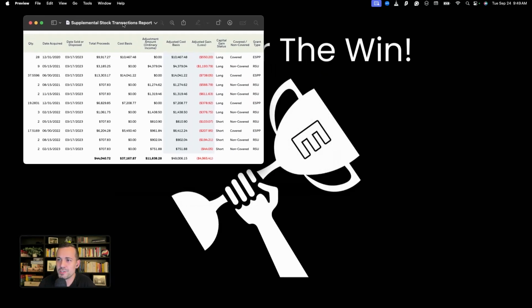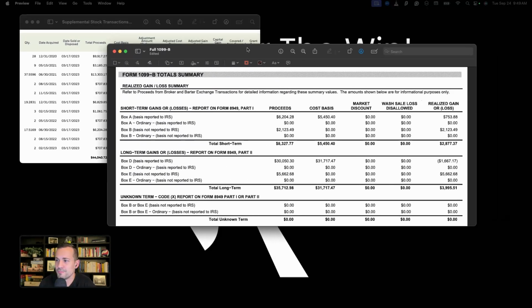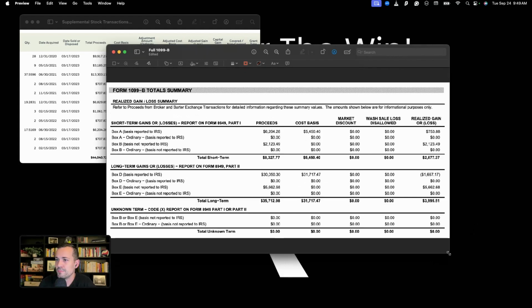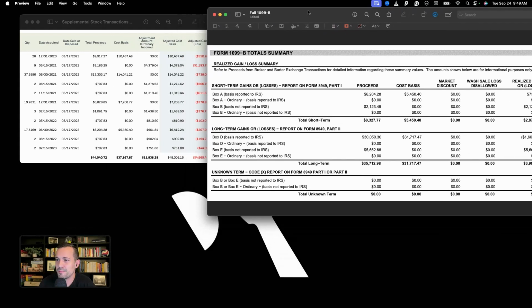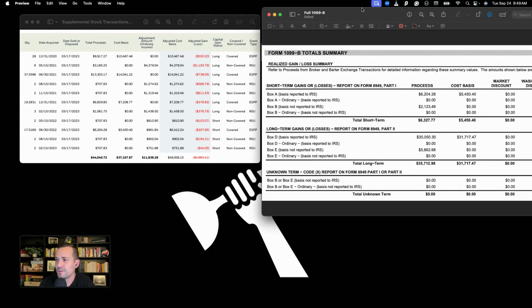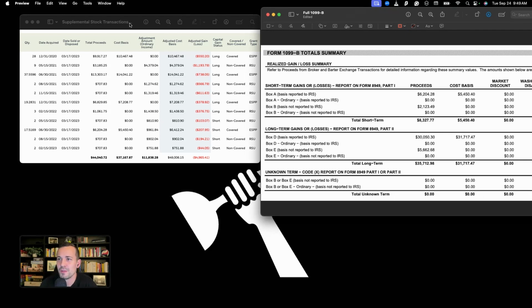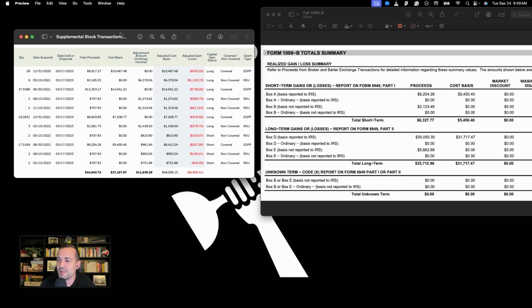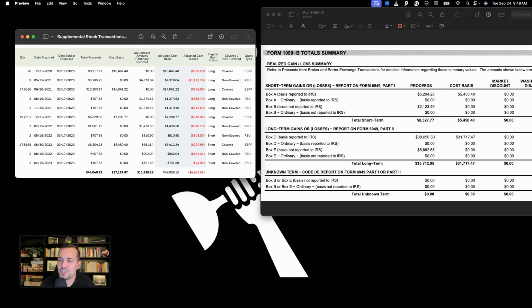In fact, I might actually just pull both up on the screen. It's going to be hard to see, but I guess this would work just fine. So companies will generate this stock plan or stock transactions report because they know that the info over here is incorrect. So let's just look at this form on the left for a little bit.